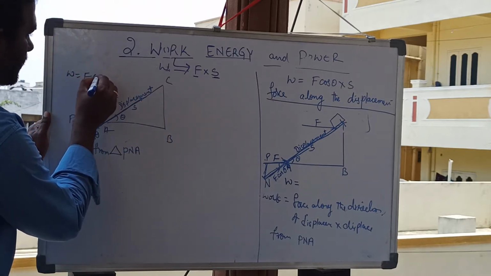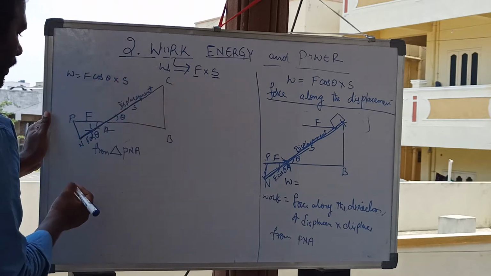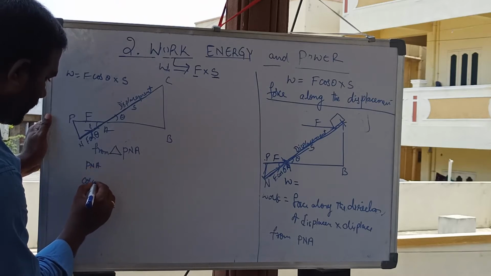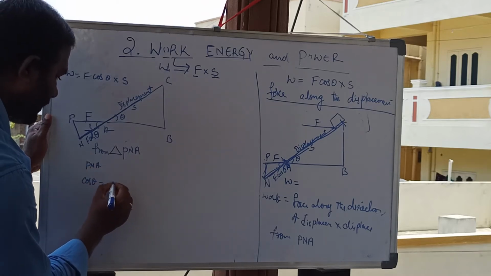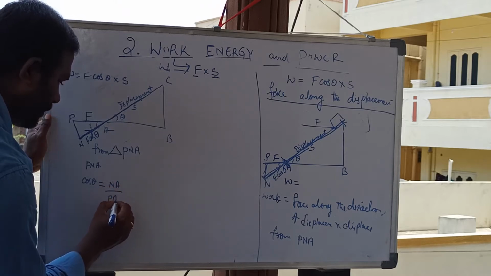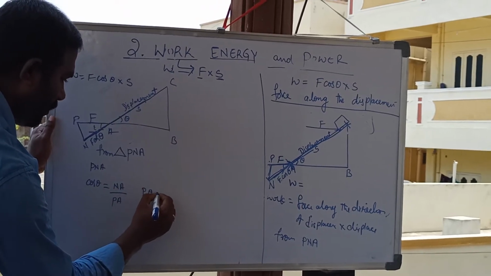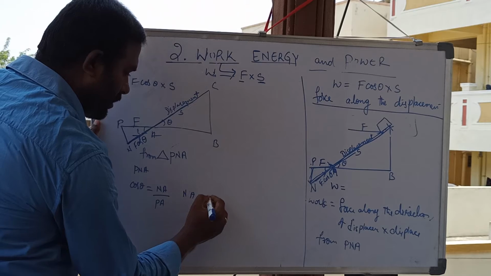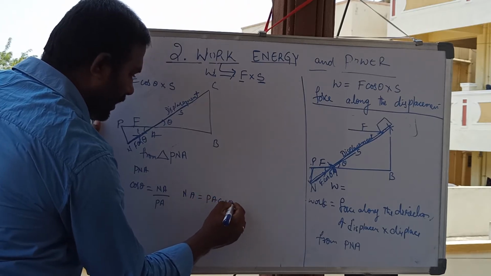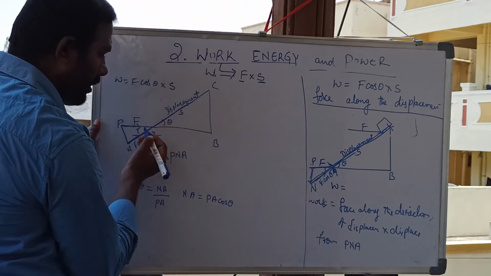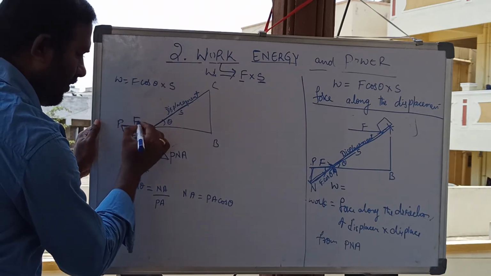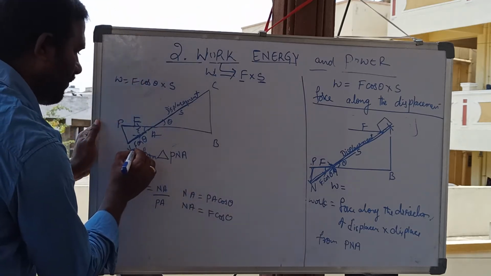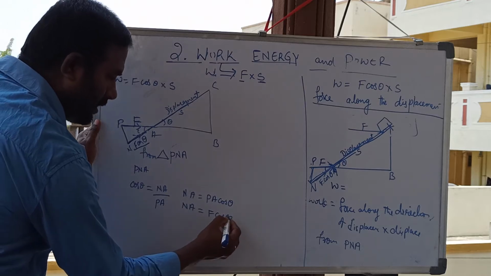W is equal to F cos theta into S. Now from this triangle PNA, cos theta is equal to adjacent by hypotenuse. So NA is equal to PA cos theta. What is PA here? F. Therefore, NA is equal to F cos theta. You understand why we wrote F cos theta now?